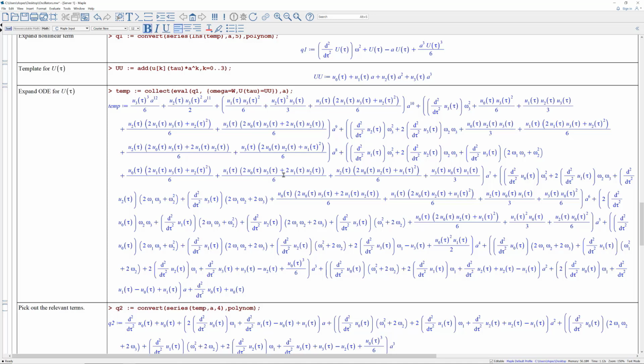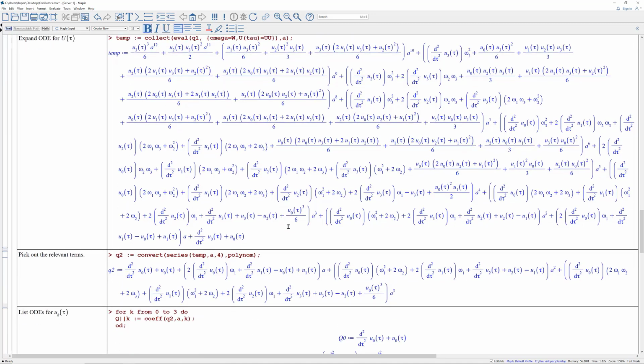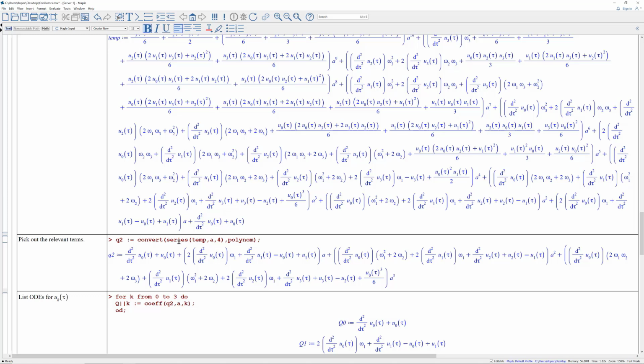We don't need to go up that far. So one way to chop it down is through a series expansion of this expression. And again, you pick up an order term, so you convert to polynomial. If you go just up to 4, that's what the order term would contain. You just get a to the third power terms.